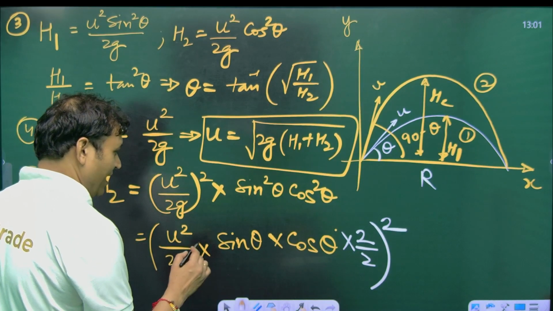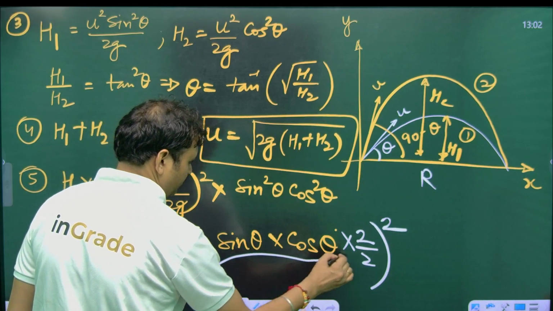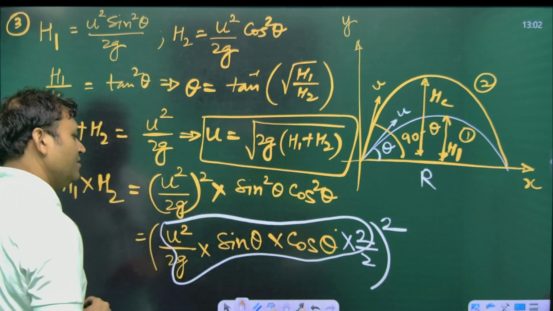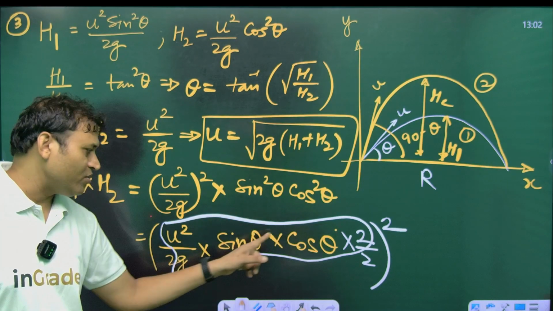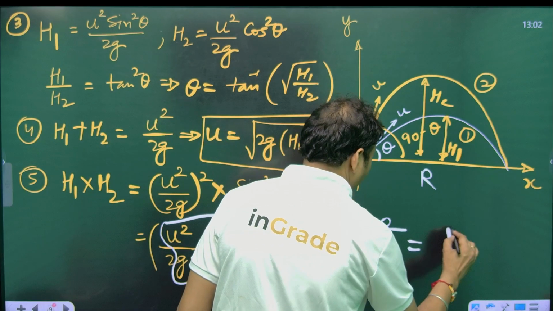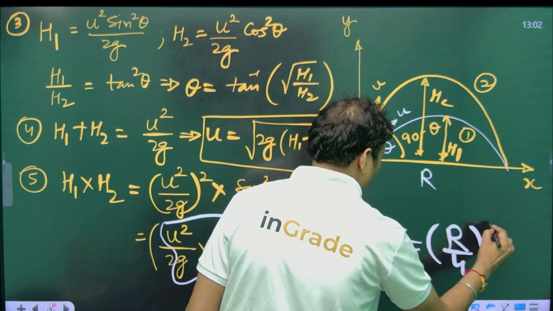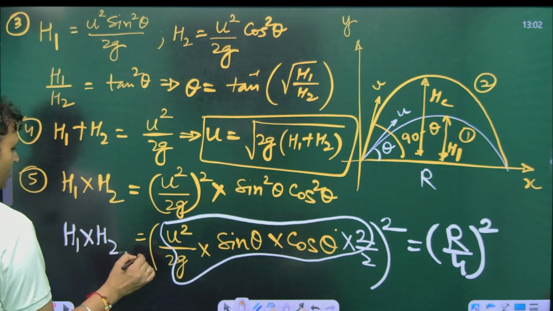Now u square sin 2 theta by g, if we see this much, that is R, isn't it? u square 2 sin theta cos theta is sin 2 theta upon g is R. So we can call it as R by 4 whole square. That is equal to H1 into H2.